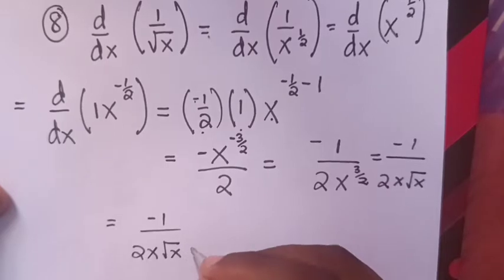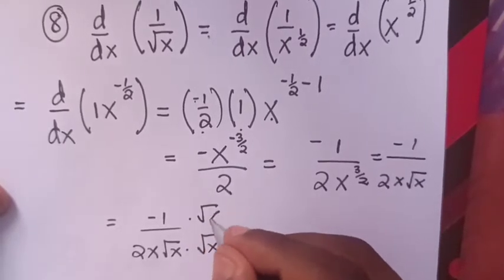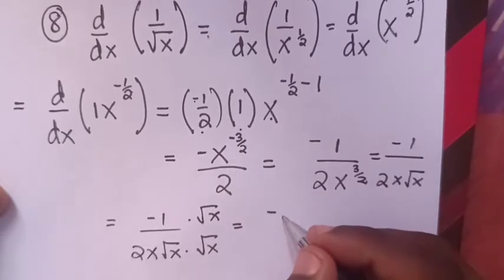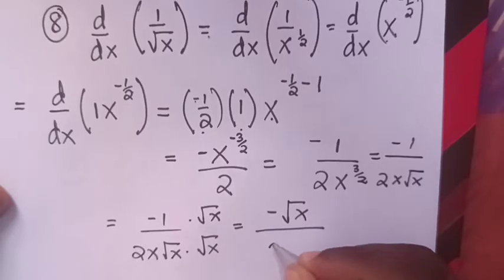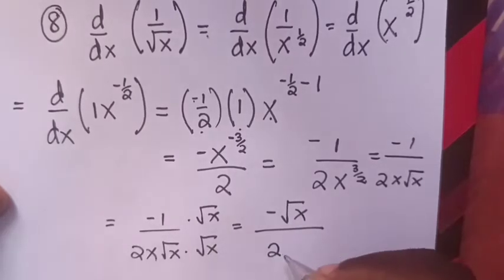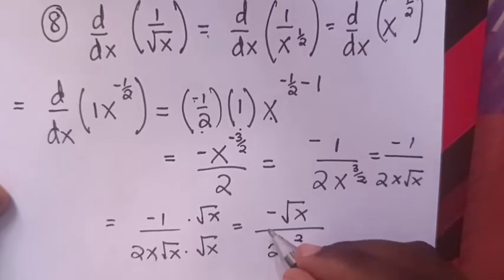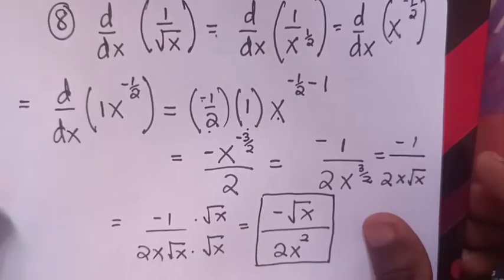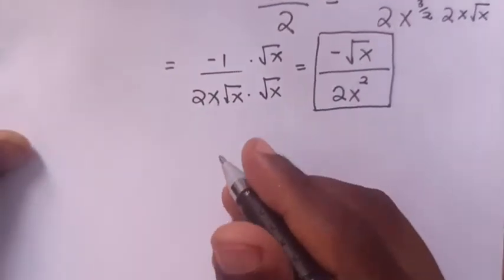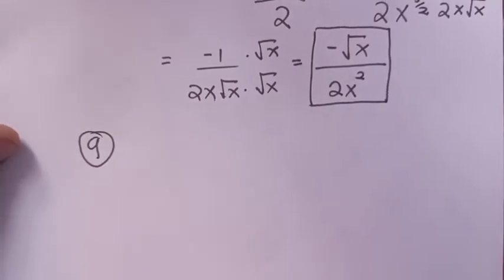Now from here we rationalize the denominator, multiply by square root of x in numerator and denominator, so it will be negative square root of x over 2x square, because square root of x times square root of x is x, so x times x is x square. So this is the answer.